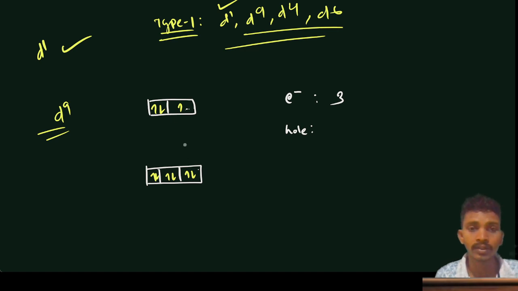If I do the hole transition, then only one hole is there, so only one transition, one hole can be transferred from here to here. According to electrons, 3 transitions; according to holes, 1 transition is possible. So I will do hole transitions, not electron transitions.